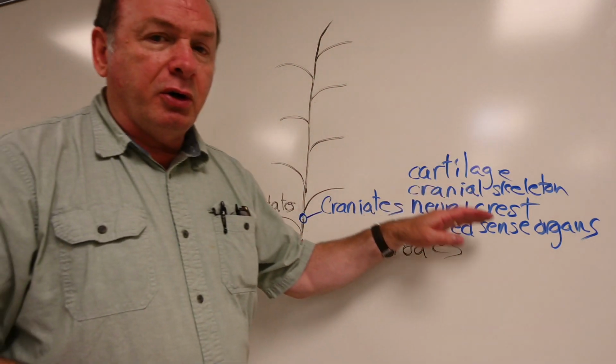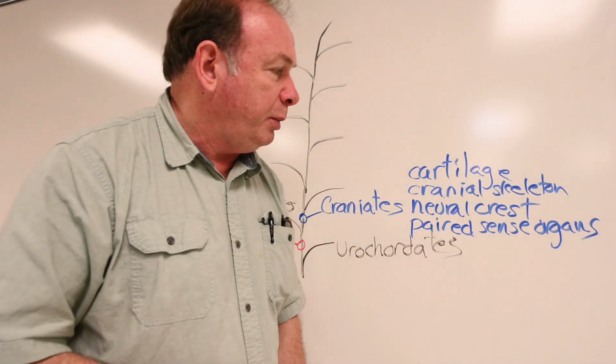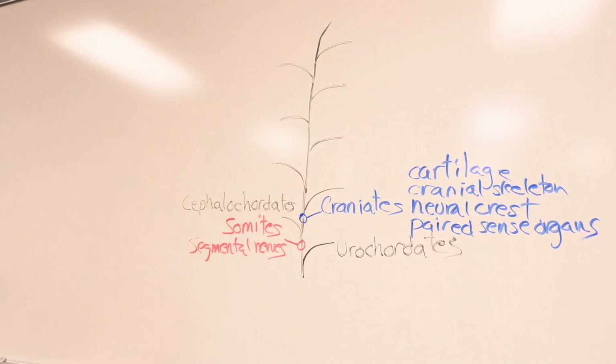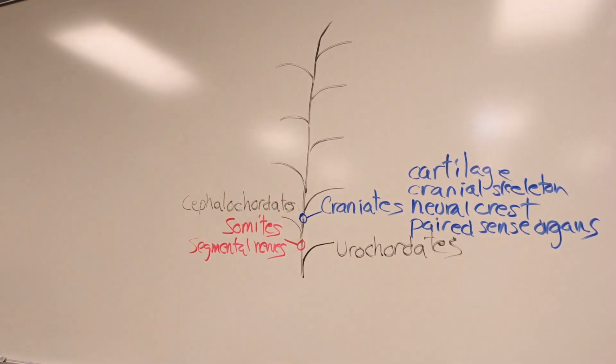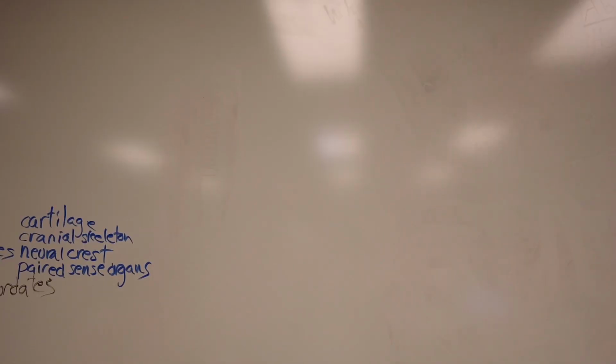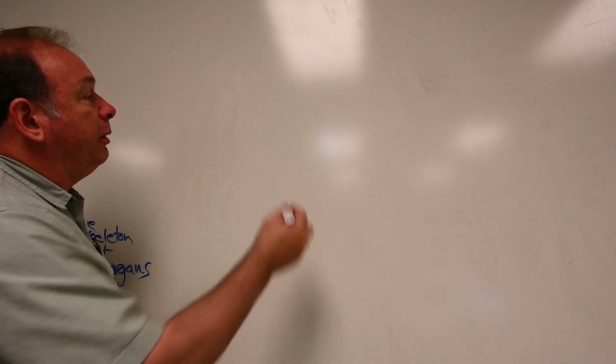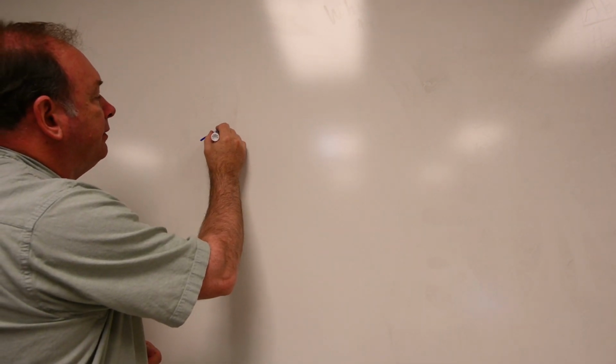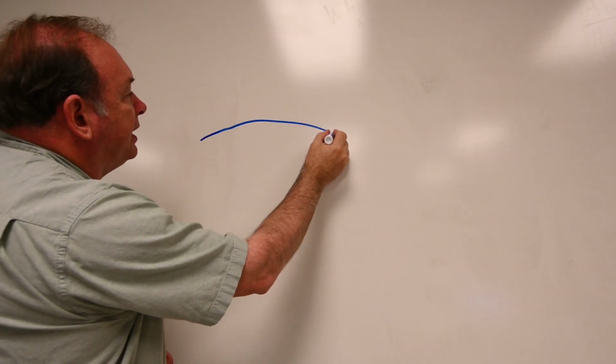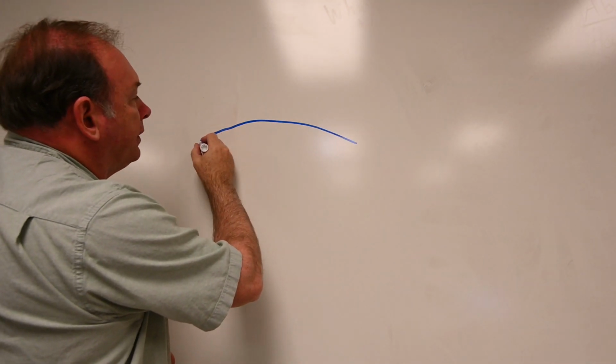So let's talk about neural crest tissue for just a minute. In the development of an embryo, there is a layer of what we consider surface ectoderm initially along the top.